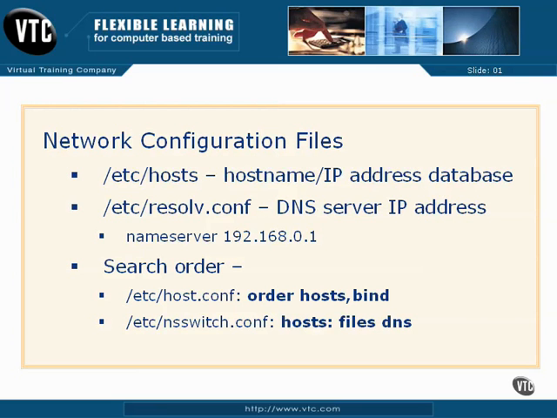Normally, as local hosts are configured in /etc/hosts, that file should be considered first. And that order is reflected in /etc/host.conf with the order hosts, bind directive. And it's also set up in /etc/nsswitch.conf with the hosts: files dns directive.